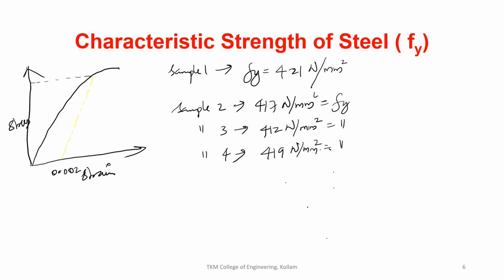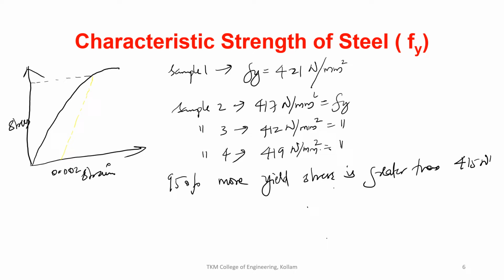If, for all the samples I have taken, 95% of the yield stress values are greater than 415 Newton per mm square, then I could say that the characteristic strength of the steel is 415 Newton per mm square.